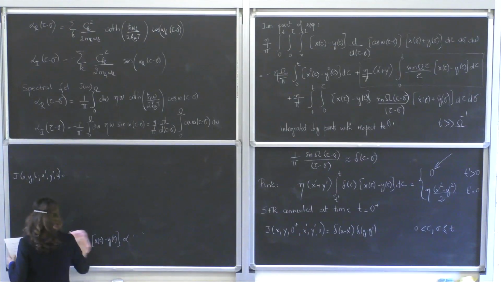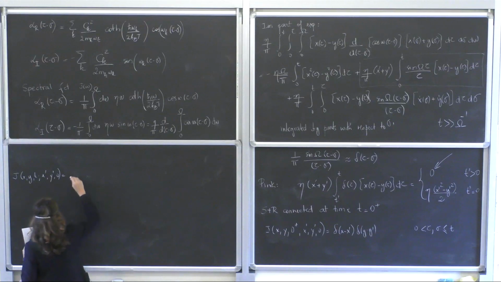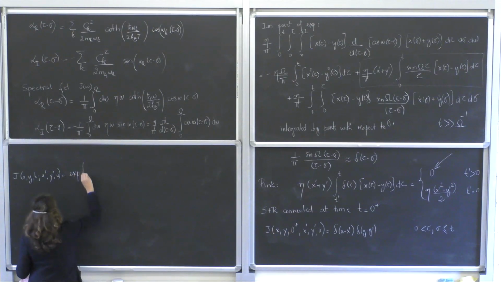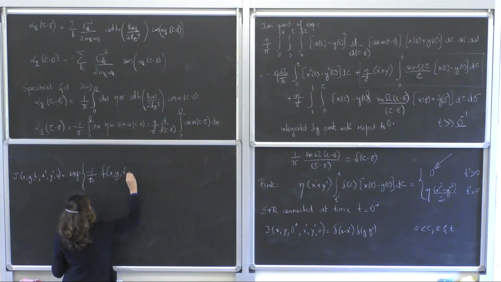We then get our final answer that our superpropagator is exponential of minus i over h bar times some function of x, y, x prime, y prime.